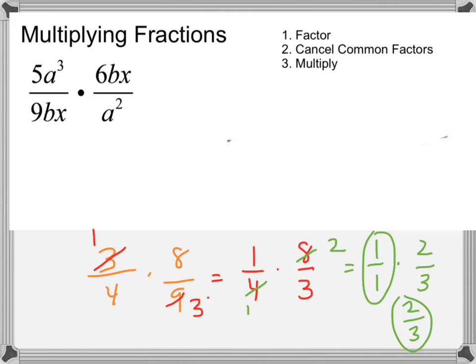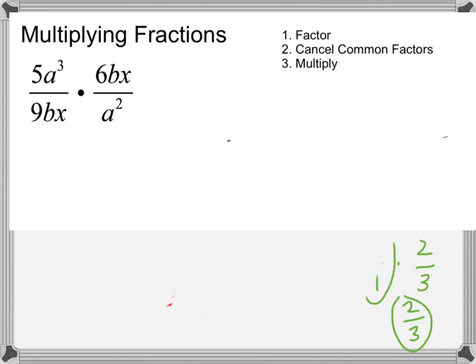Okay, we're going to use a method very similar to that when multiplying algebraic fractions. So for us, let's look at our fraction here. In the numerator of the first fraction, we have 5a to the third, and in the denominator I have 9bx. And in the numerator of the second one, I have 6bx over a squared.